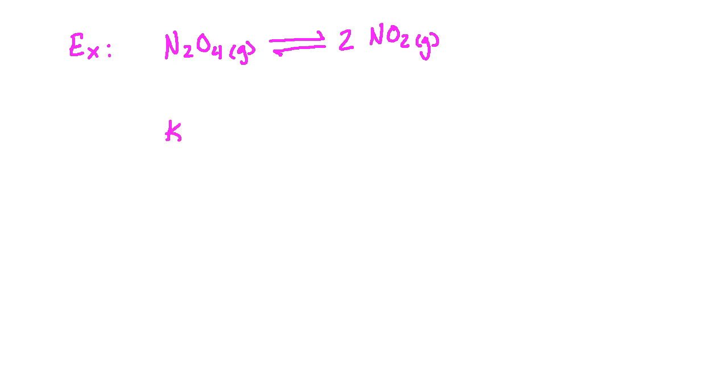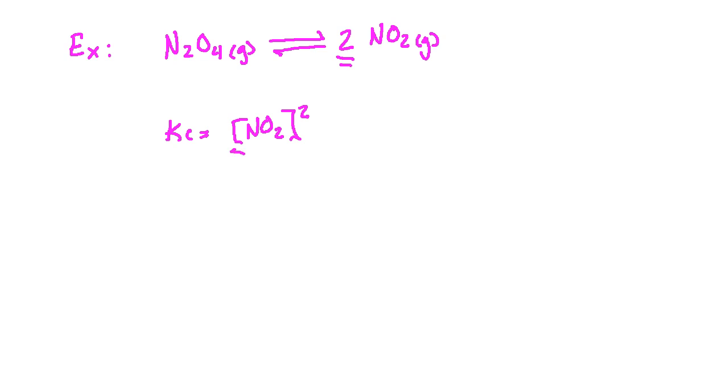The concentration, if I wanted to calculate Kc, and we're assuming that this is at some constant temperature, I would have NO2 because it's products over reactants, and I would raise this squared because that comes from the coefficient 2 that I have right there.